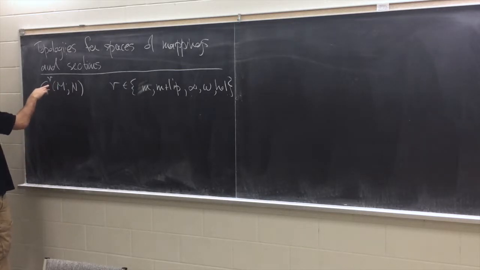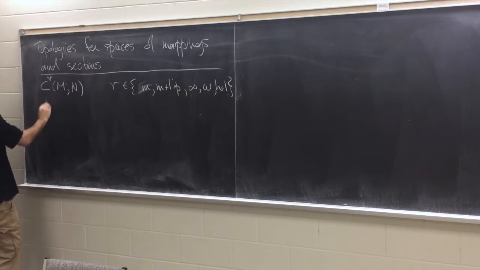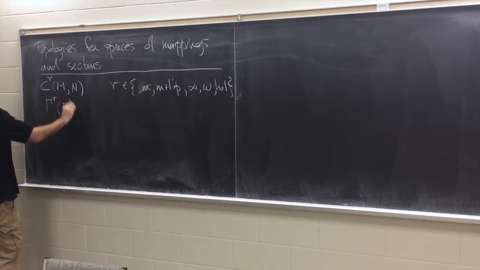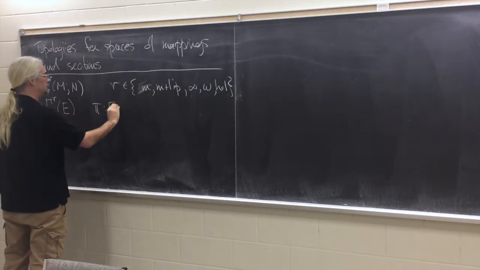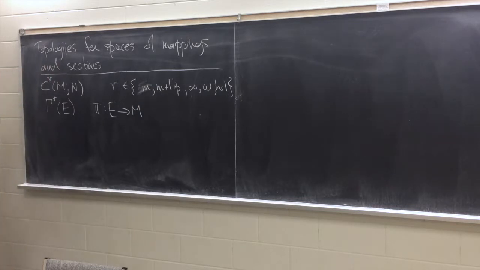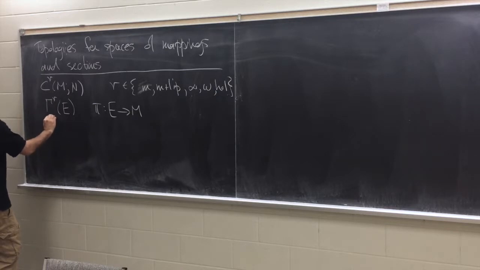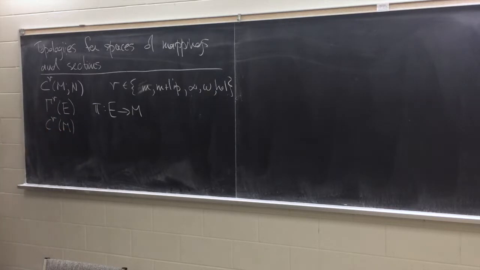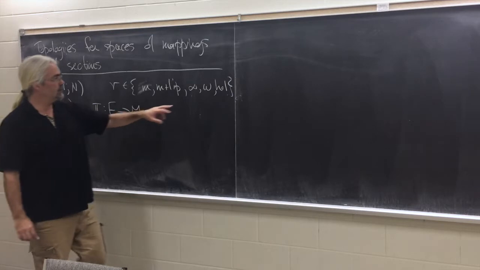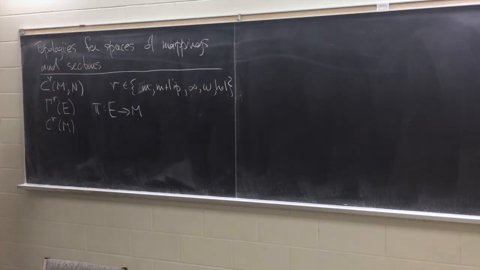So this is the space of C^ν mappings from a manifold M to a manifold N, and we also had the C^ν sections of a vector bundle E over M, and of course the space of just C^ν functions on M. These will be real valued functions unless ν is holomorphic, in which case of course these will be complex valued functions. And so our task here is to topologize all of these spaces.